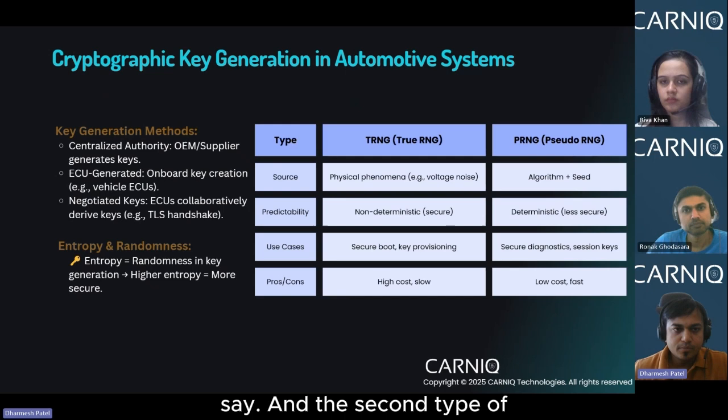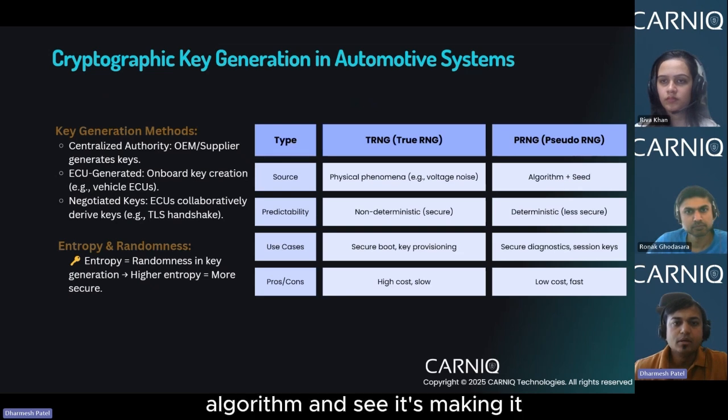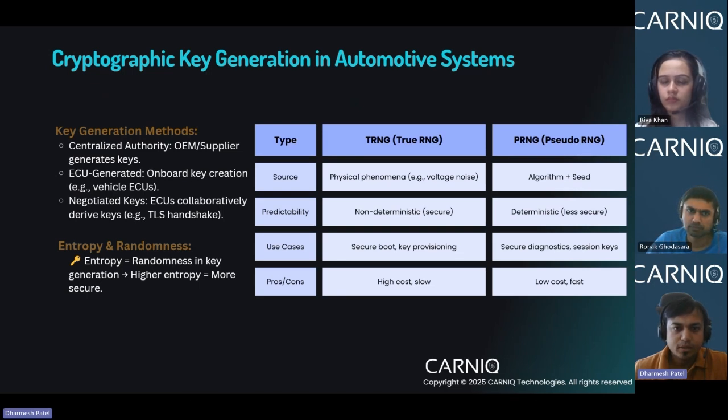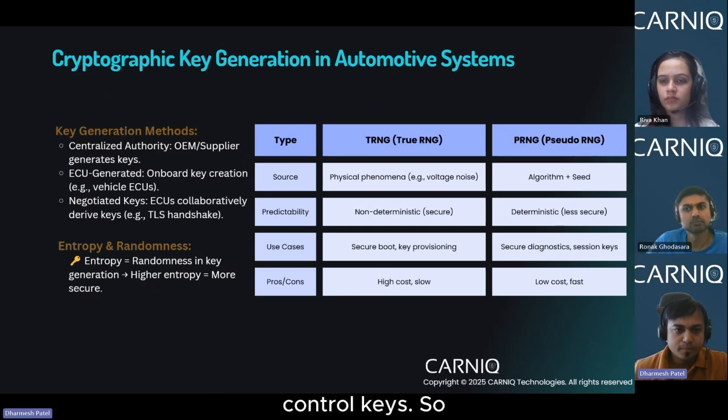The second type of generator is the pseudo random number generator, which uses an algorithm and seeds, making it deterministic and less secure. However, it is fast and cost efficient, and suitable for tasks like secure diagnostics or session control keys.